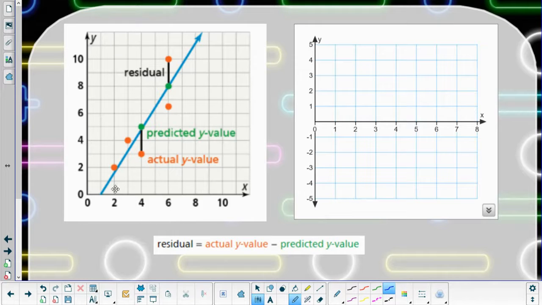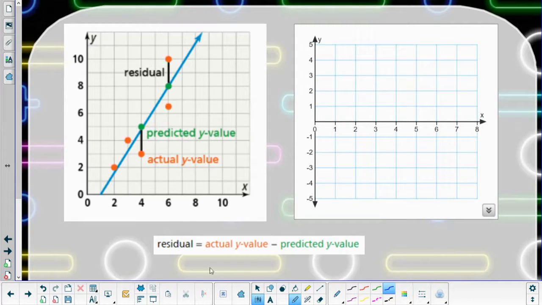So we need to look at our actual value minus our predicted values. And we're going to come up with a decimal or a whole number that we're going to plot on here. This tells us: is it above or below the line, and how much above or below?